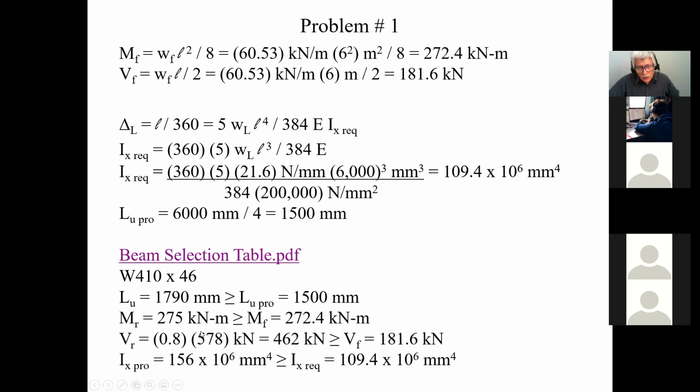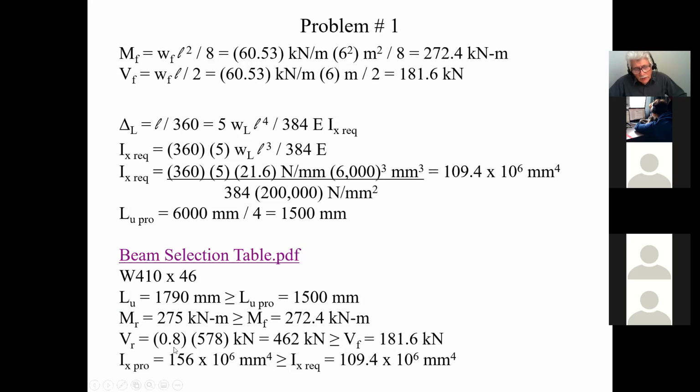In other words, reduce the VR value now so that eventually if I need to put holes in the web, I will be able to compensate for that later on, and I won't run into a problem where I can't use this beam anymore because I'm putting so many holes that the VR value is less than the VF value, and therefore I have to go back and resize my beam anyways.